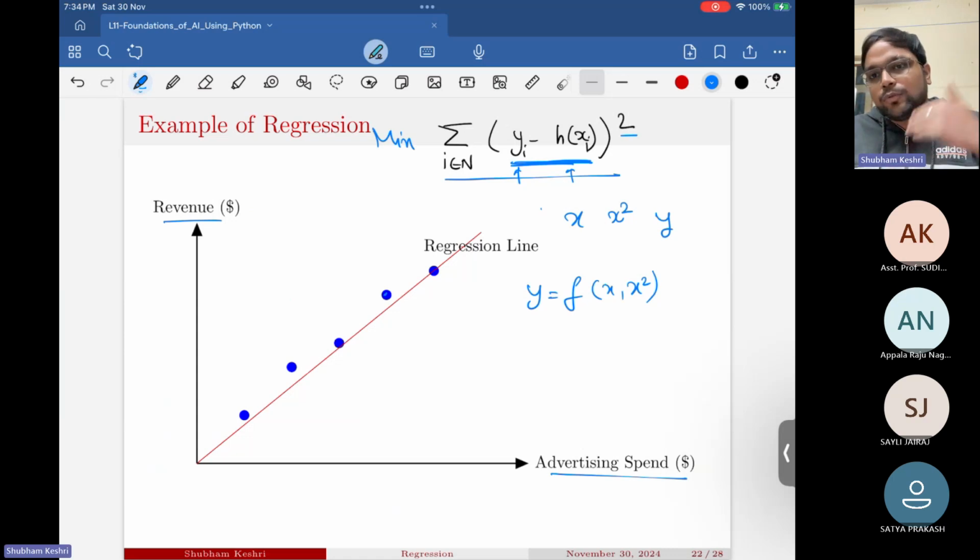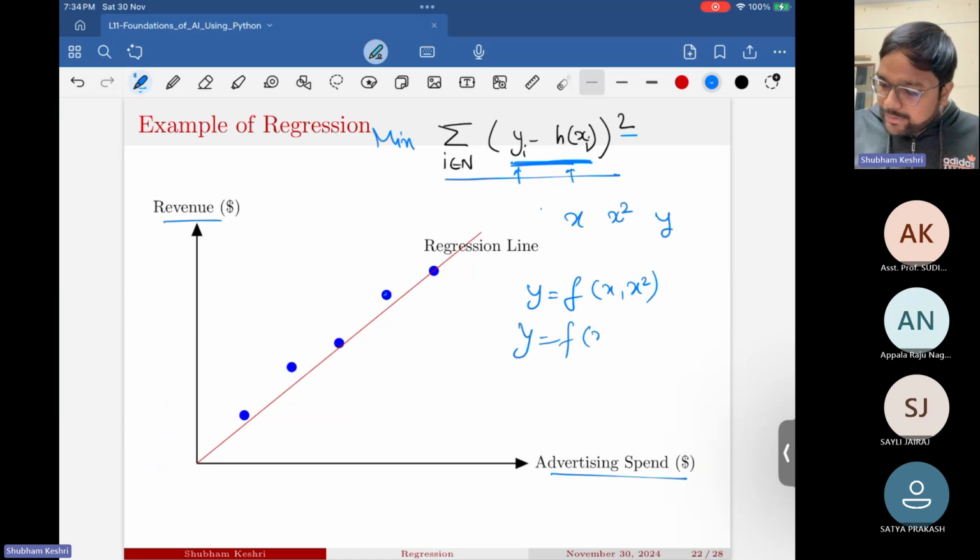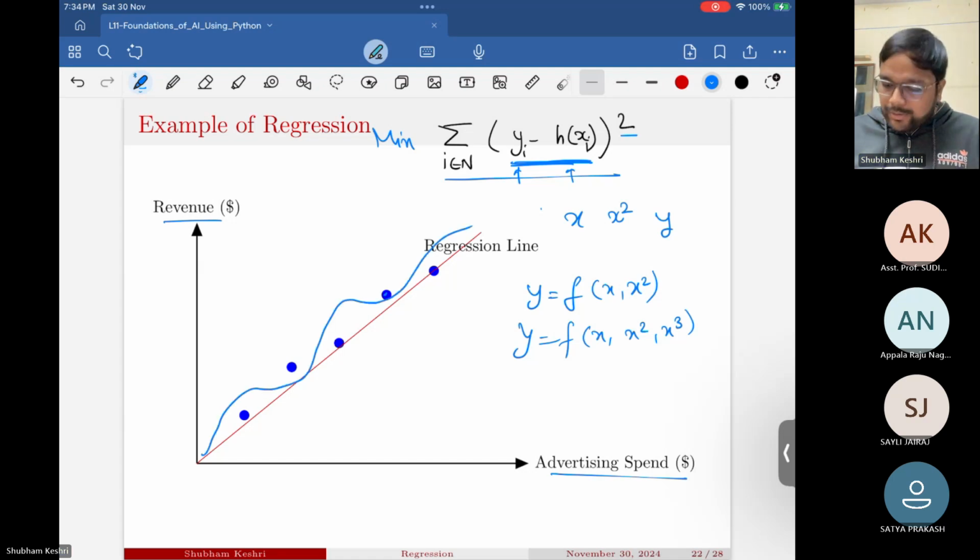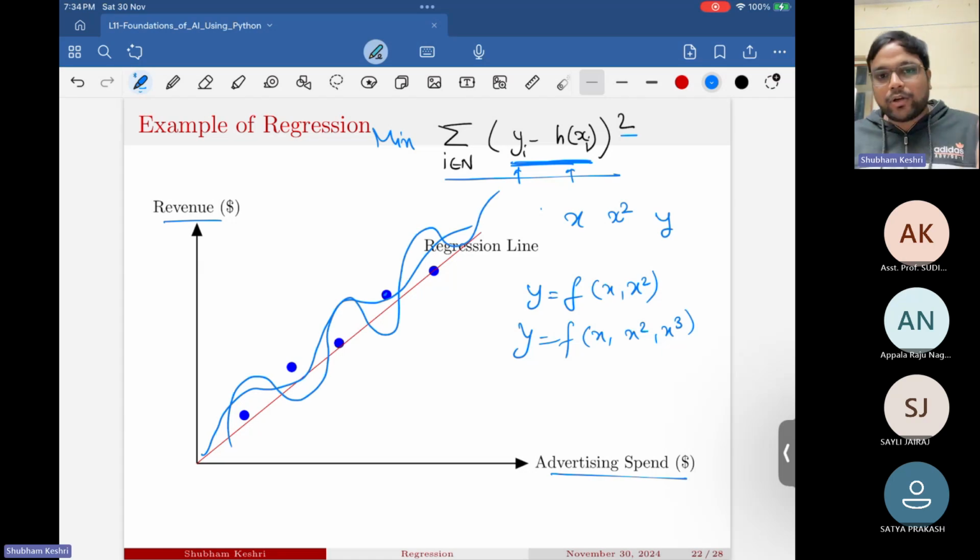If you try to go to a higher order, so if you say I will consider X cube as well, you can say Y is a function of X comma X square comma X cube. So in these cases your line might not be straight, your line can be like this as well, your line can be like this as well. Okay, so higher the order, I don't know what the curves of the line should be, but you can have higher order curves as well.